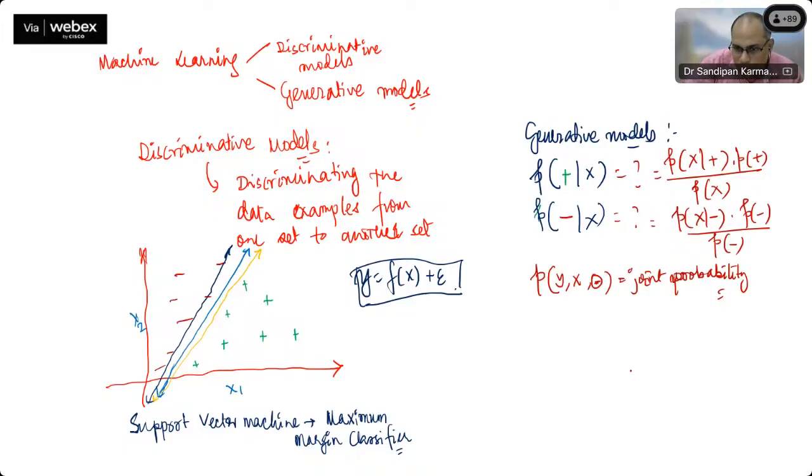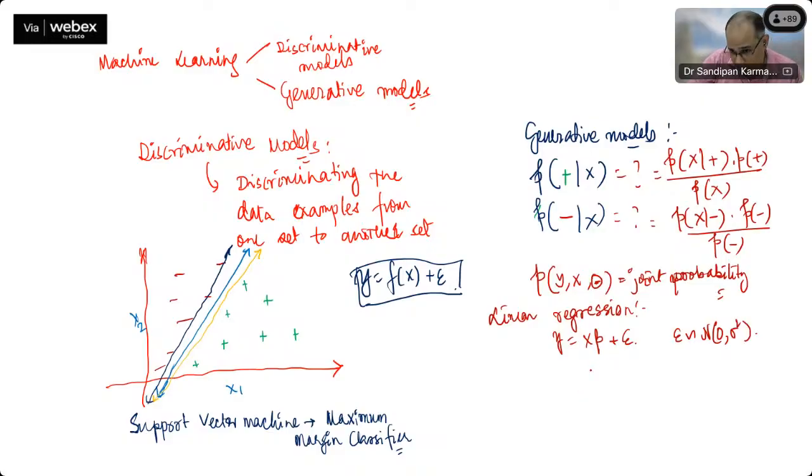So here, suppose you talk about linear regression. In linear regression, we are assuming the equation to be y equals x beta plus epsilon, right? And epsilon follows a normal distribution with mean 0 and variance sigma square, right?